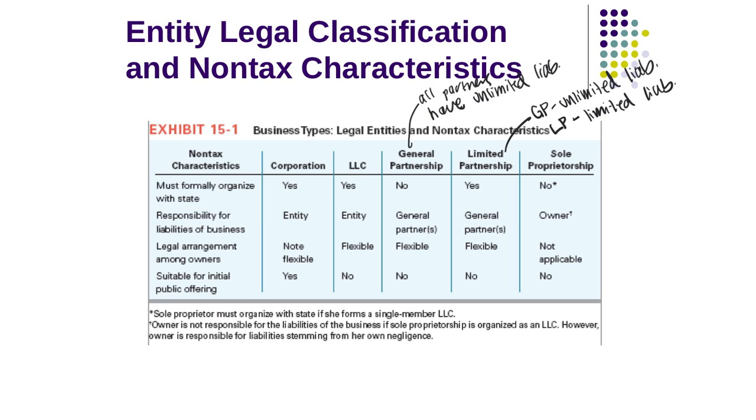In a general partnership or a limited partnership, the responsibility for the liabilities is limited just to the general partners. So that's why I added the notes up above about the general partners. Because those general partners, and why that distinction is important, is because they have that unlimited liability.